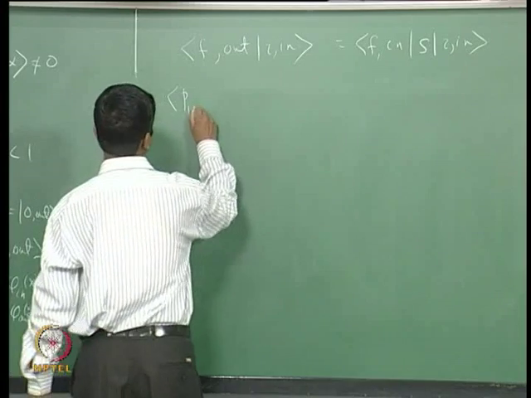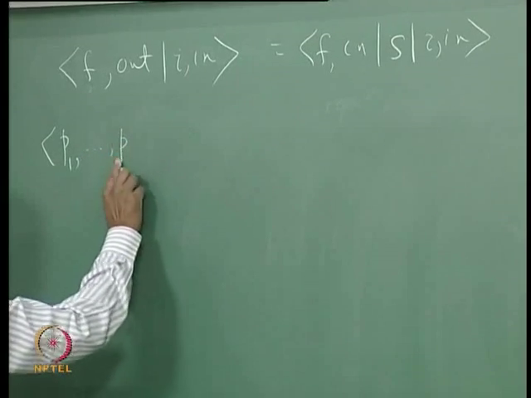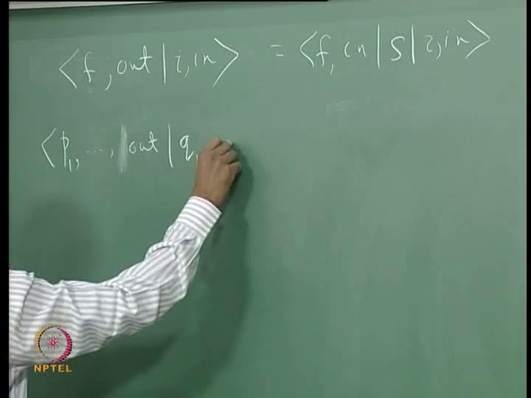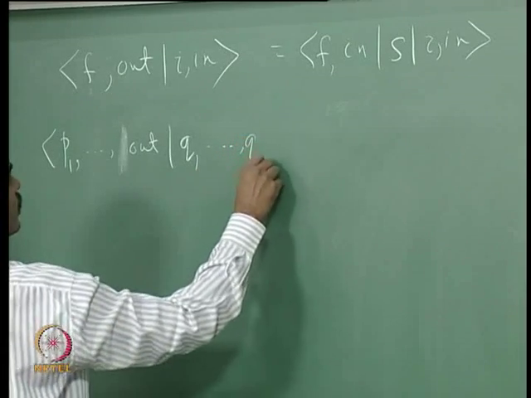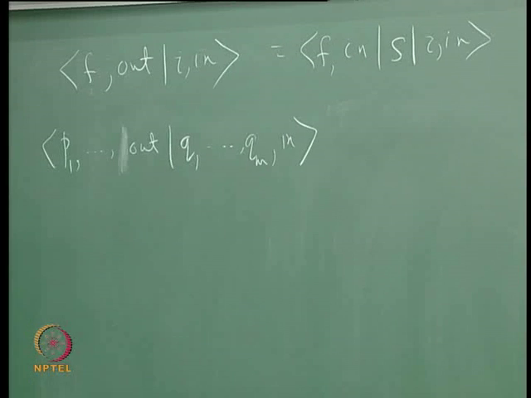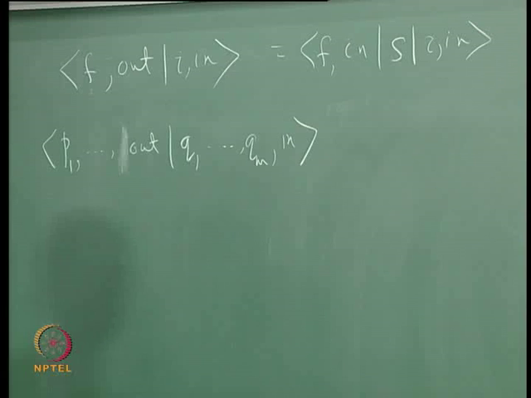So, you consider P1 up to some Pn out and Q1 up to some Qm in. This is the amplitude that we are interested in.